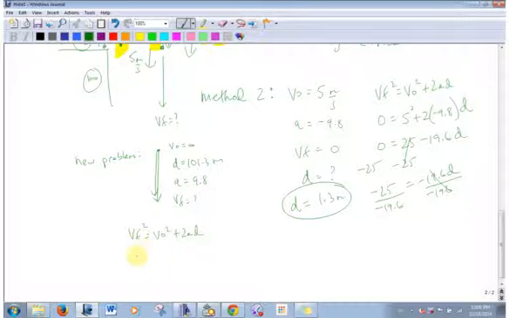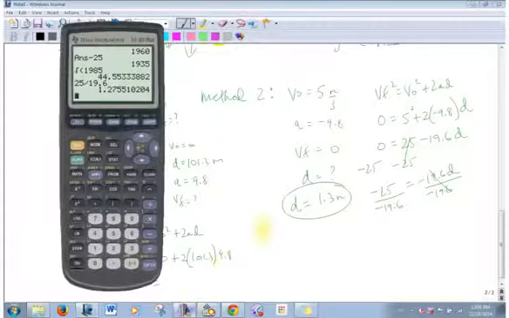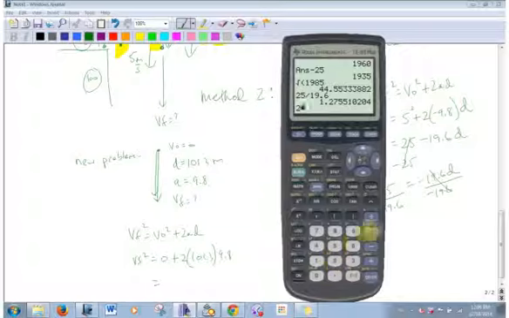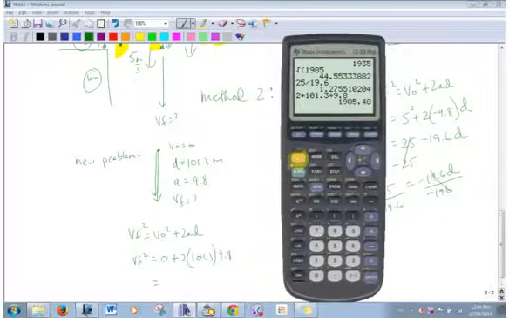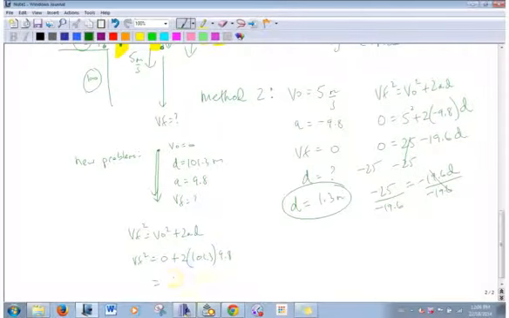I'm just trying to confirm it using a different method. 0 and 2, 101.3 and 9.8, and I should get what? 1985. If I take the square root of that, have I done this already? Yes, I have. A couple times, right? Now let's do it again. Oh, 44.6. Bingo.